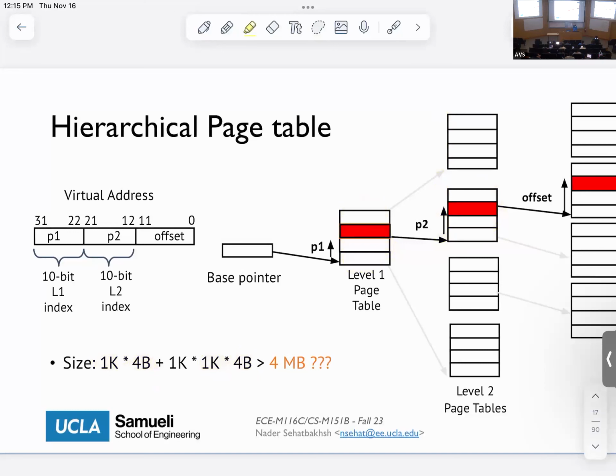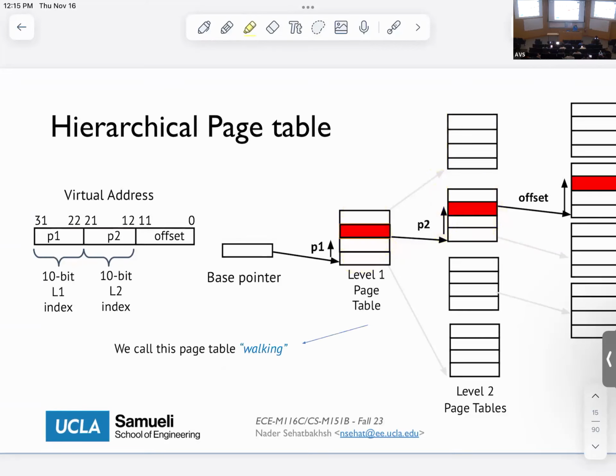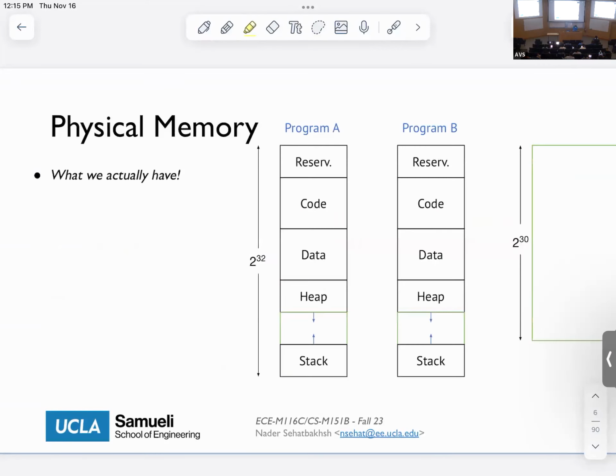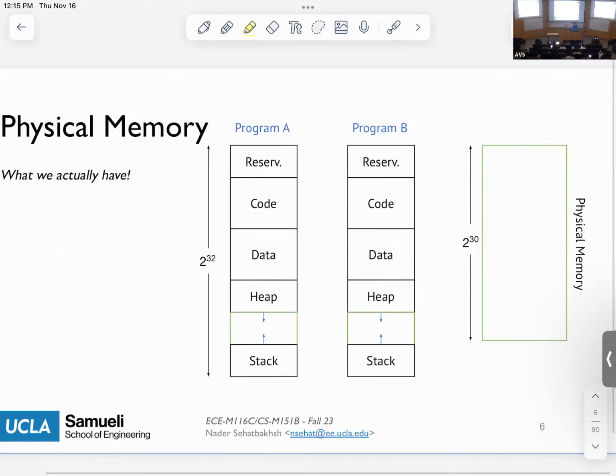But what is really happening is that we are banking on the idea that virtual memory is actually quite sparse. If I go back here, I told you that within the software, we assume that we have access to the entire memory, right? But in reality, my physical memory is even smaller than what I have per program.